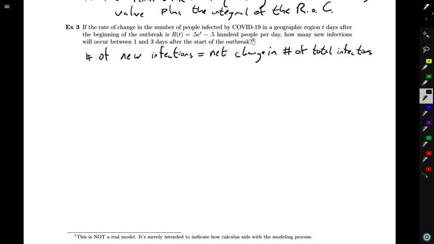And we have this nice theorem, the net change theorem, which tells us exactly how to compute the net change in the total number of infections. It says integrate the rate of change in the number of infections.